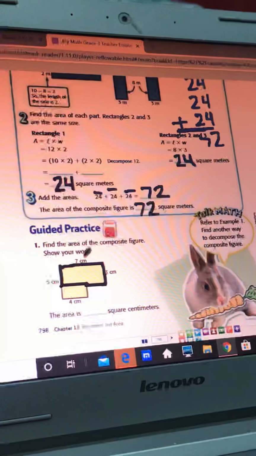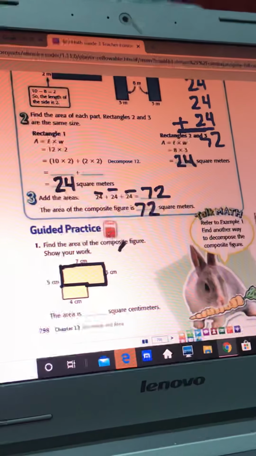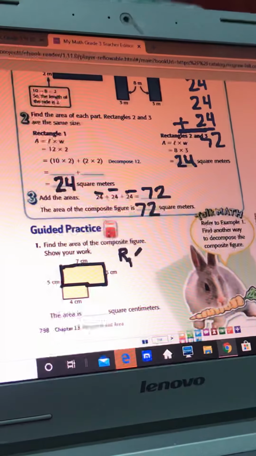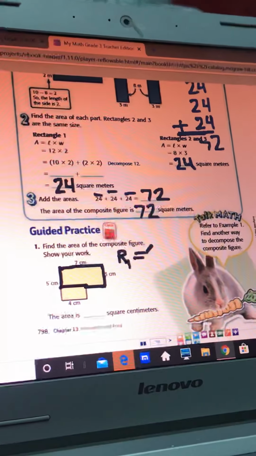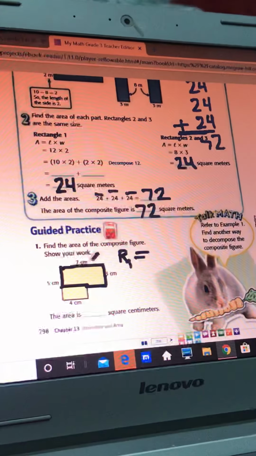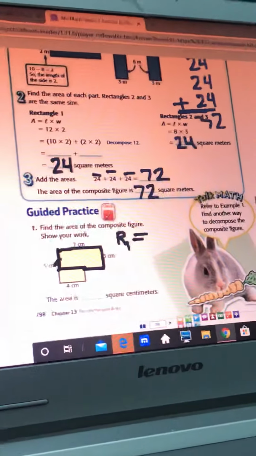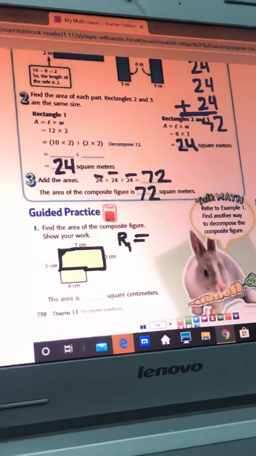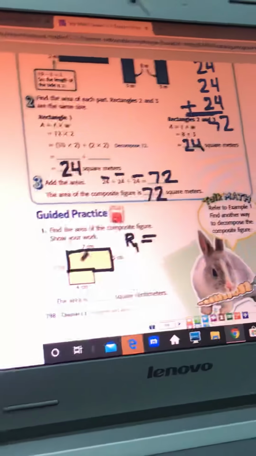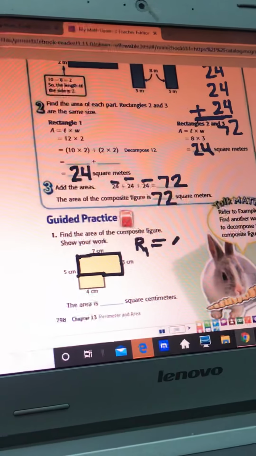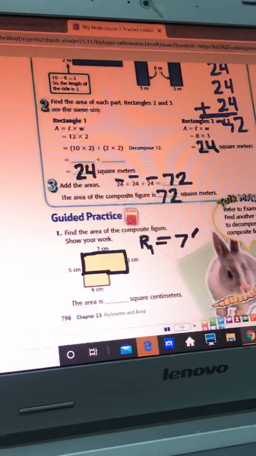What is the length of the first rectangle? So I'll write here R1 equals, length is 7 multiplied by 3. We will not use 5 because 5 is for all of this from here to here. So we only use this rectangle with the line that is seen. So 7 multiplied by 3 for its area.